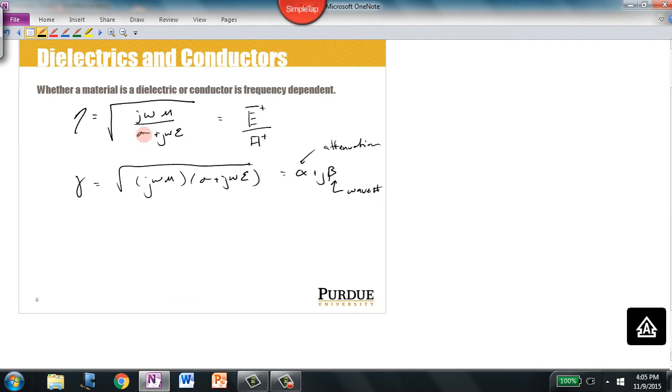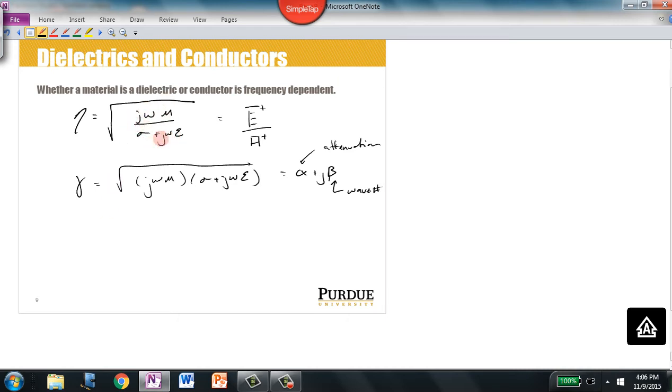So sigma might be really, really big in a conductor, or sigma might be really, really small in an insulator. Alternatively, this term gets really, really small at low frequency, or really, really big at high frequency. So we can control two different properties to say, well, this part of the denominator matters more, or this part of the denominator matters more in the mathematical sense.